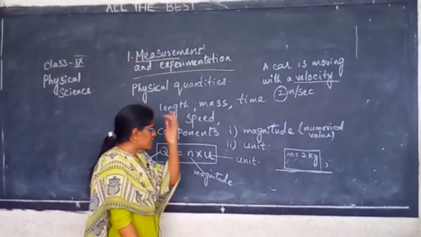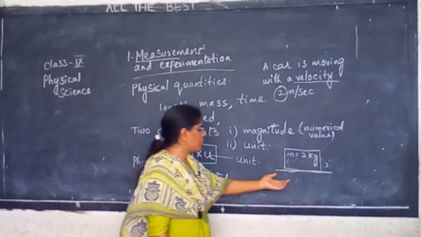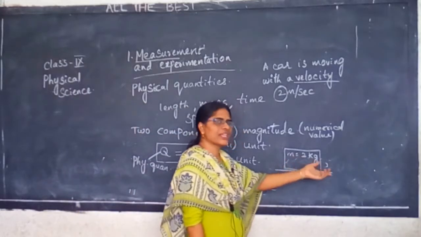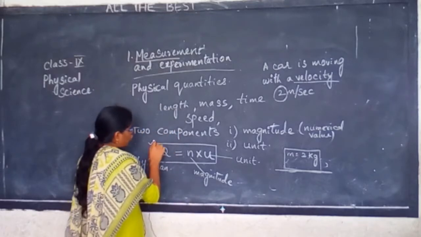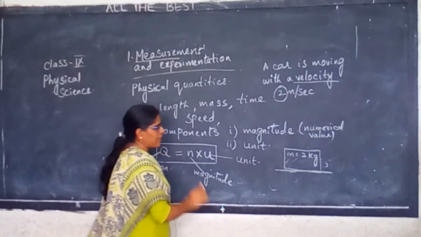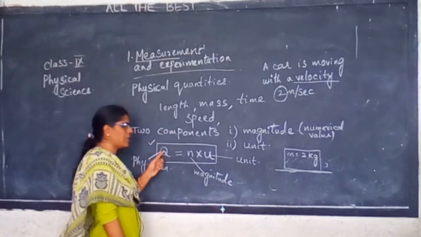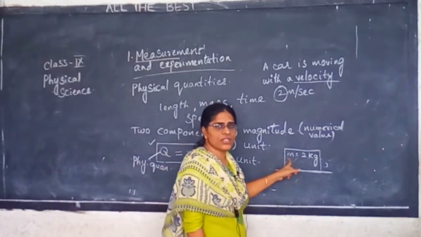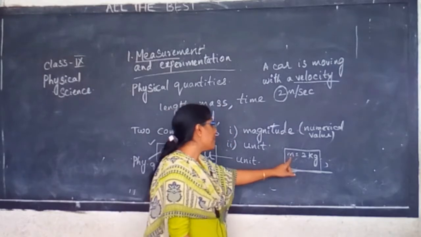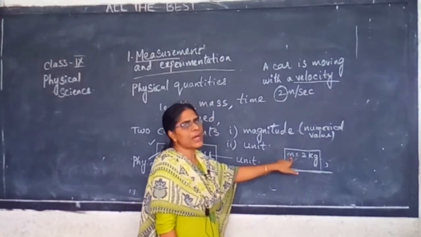There is a block kept on the ground whose mass is 2 kgs. Now, did we follow the formula or not? We will find out. Q indicates physical quantity. Is mass a physical quantity? Yes. Q is mass.